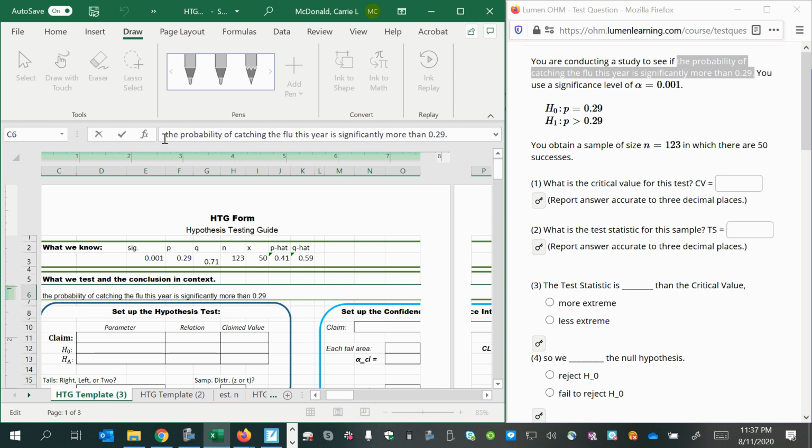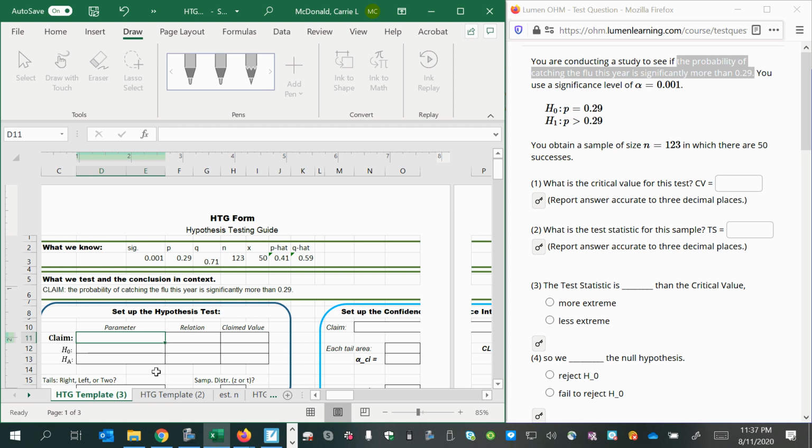So that's my claim in words. And in symbols, the probability is P. Significantly more than would mean greater. And then my claimed value of 0.29, P for population proportion, will go in my claim there.